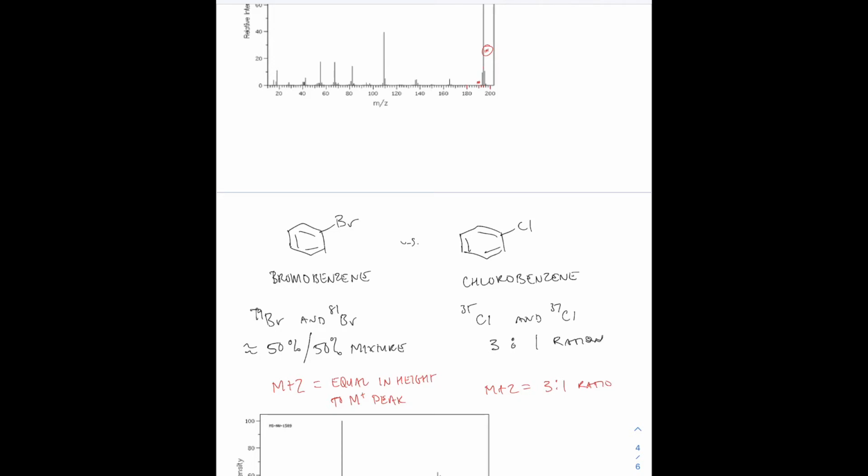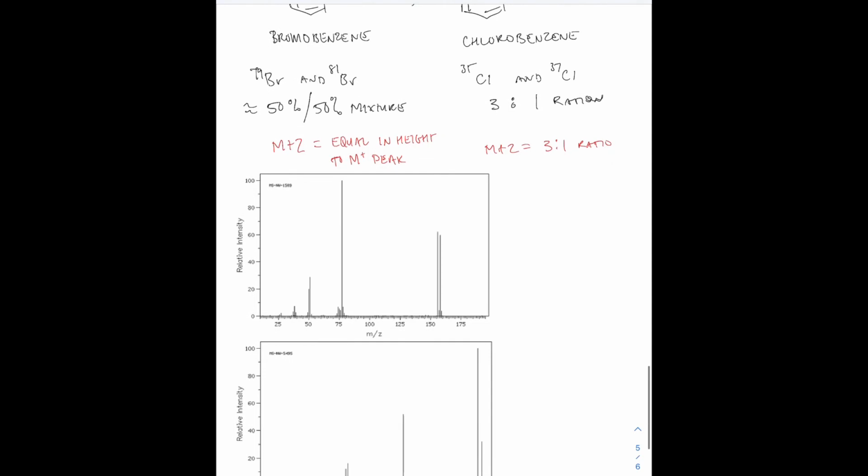So the reason why I'm bringing up these mass spectra is so that you can actually visualize what I mean by this. Basically, bromine is a 1-to-1 ratio, chlorine is a 3-to-1 ratio. So let's take a look at what we mean by that.